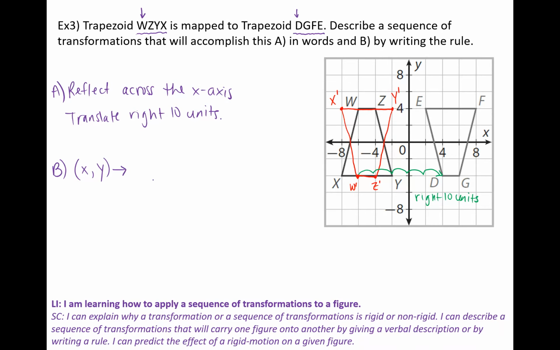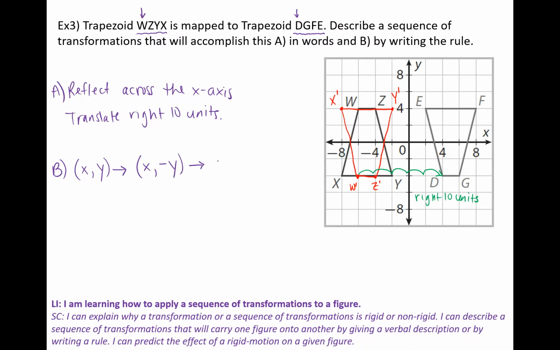So across the x-axis, the x should be staying the same and the y flips to a negative. So it should be x comma negative y. I believe, hold on, just looking really quick. x, negative y, yes, okay.